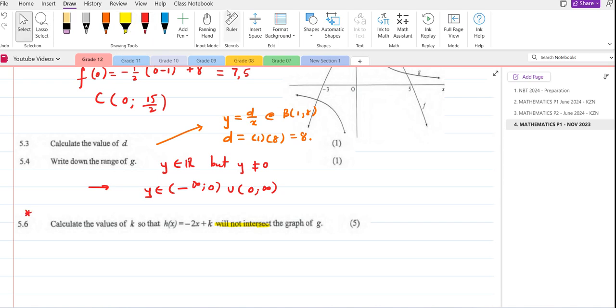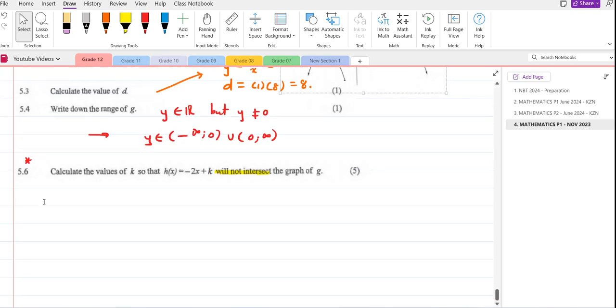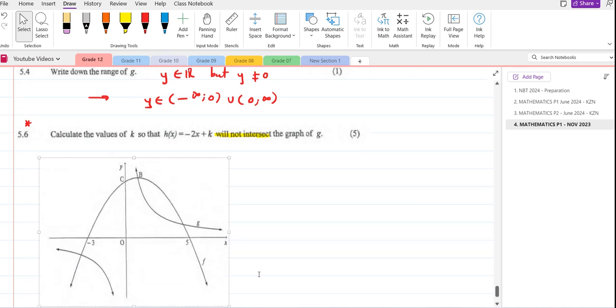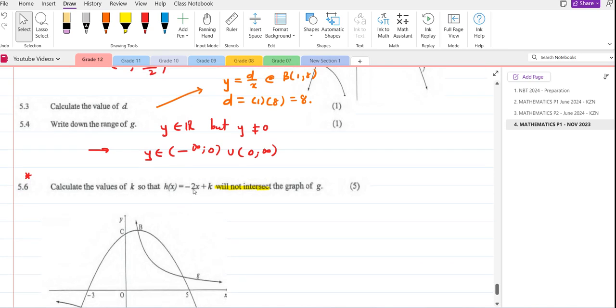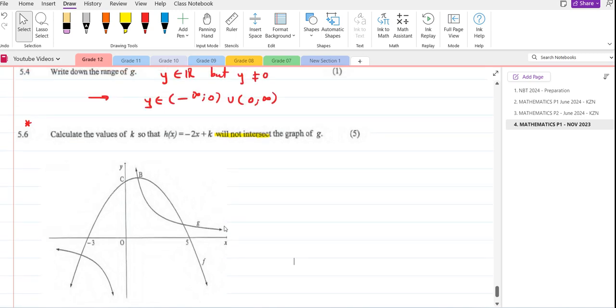Let me take this graph to explain this. Negative 2x is a straight line. Negative 2x plus k will not intersect the graph of g. The graph of g is a hyperbola.